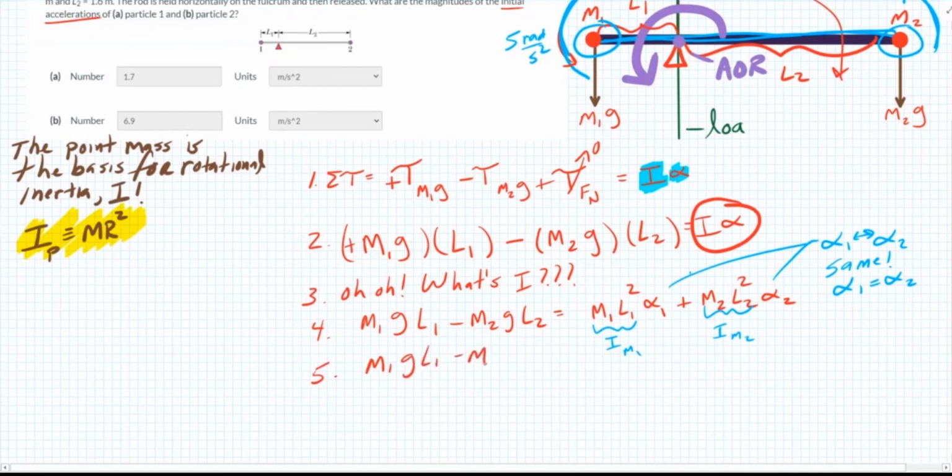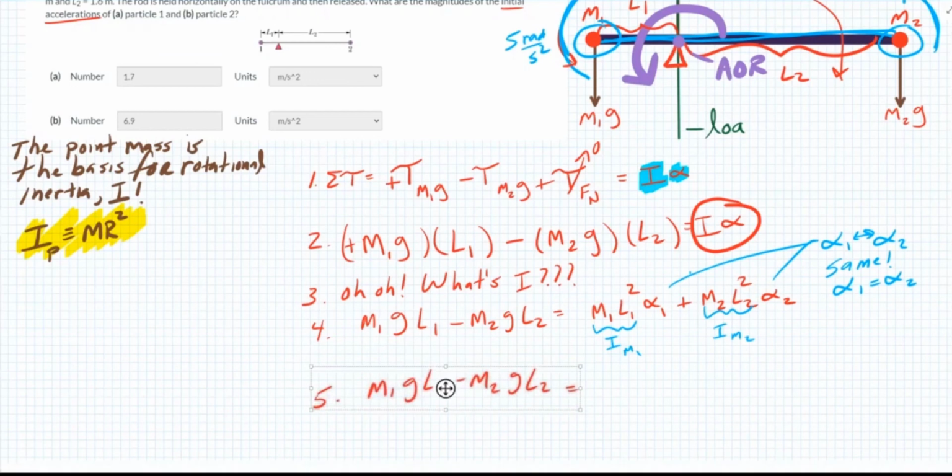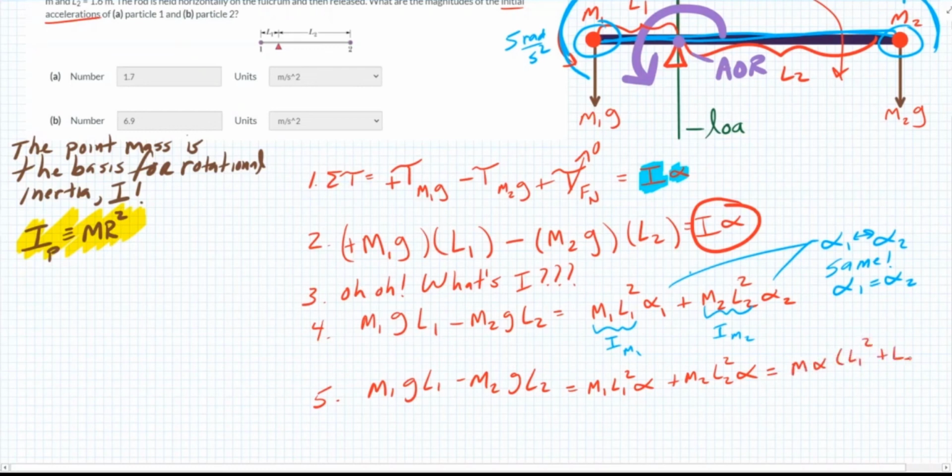M1G L1 minus M2G L2 equals, I'm just going to do one more rewrite here, because I am sure those accelerations are the same. So it's going to be M1 L1 squared alpha plus M2 L2 squared alpha. And I'm remembering M1 and M2 are the same. So I'm just going to say M times alpha times L1 squared plus L2 squared.